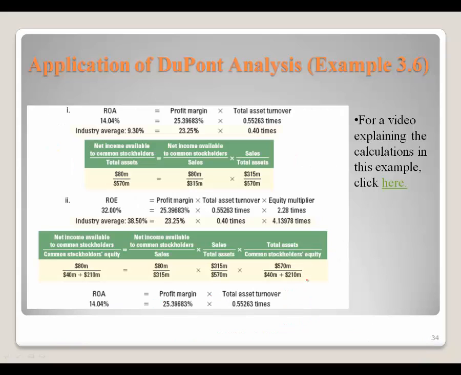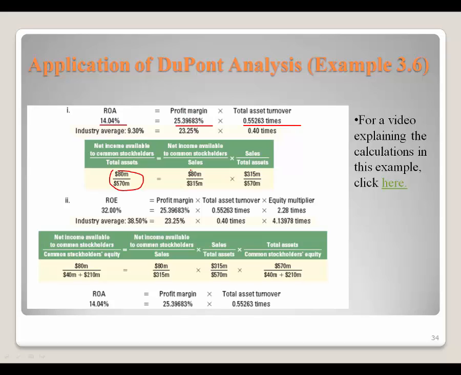Now let's take a look at this example company. We understand that the 14.04% ROA is a product of the 25% profit margin and 0.55 total asset turnover. If you want to disassemble the whole calculation, this is how you calculate it. The ROA is the net income of 80 million divided by the total asset of 570 million.